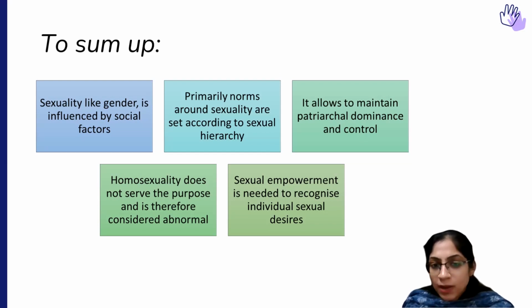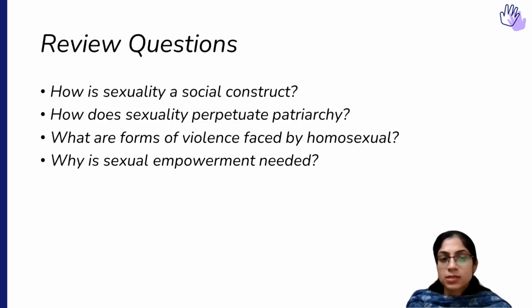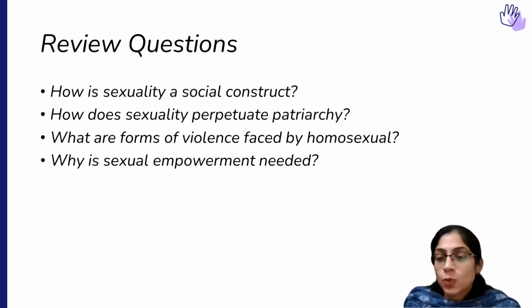Lastly, what is sexual empowerment? Sexual empowerment is recognizing the fact that it is only for patriarchy that we are perpetuating heterosexuality. We need to understand and accept and respect individual sexual desires. Now we will look at certain questions that you may expect from the unit. How is sexuality a social construct? Look at the sexual hierarchy pyramid.